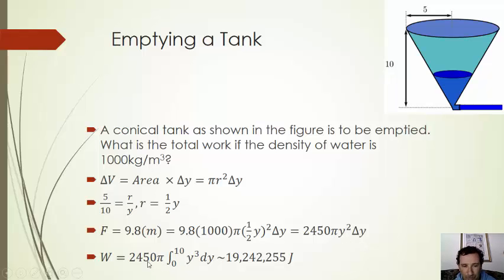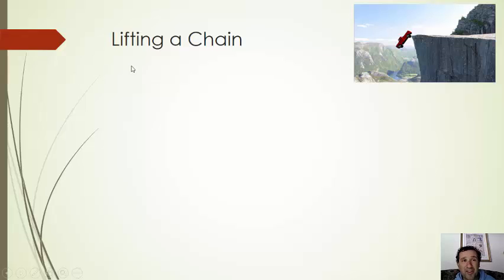I pulled out the 2,450 pi. I'm integrating from 0 to 10, because the tank is full. Y cubed dy, and I get 19,242,255 joules. And that's how much work it takes to empty this tank, or how much work you gain by emptying the tank. Okay, let's do the next example.